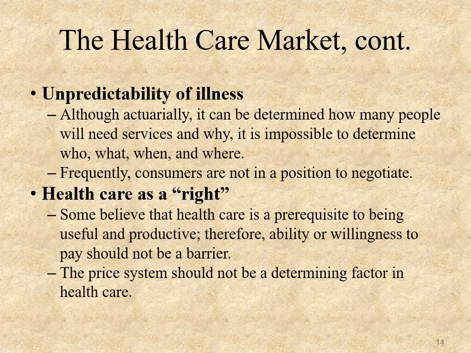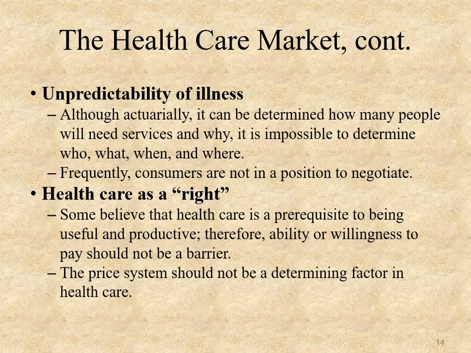Then on this slide, you're going to have an IRAT as well coming from this slide, so be careful and listen. Unpredictability of illness. Although actuarially it can be determined how many people will need services and why, it is impossible to determine who, what, when, and where.